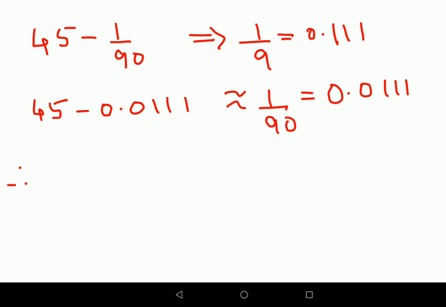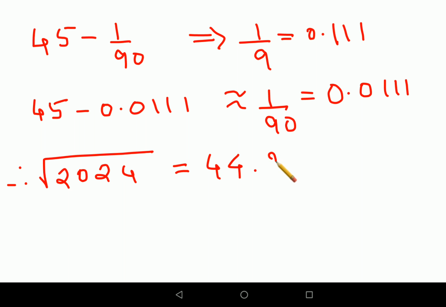Therefore, the square root of 2024 is 45 minus 0.0111, which is 44, sorry, my bad, 44.9888 going on.